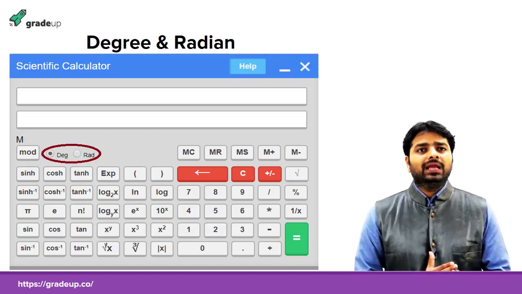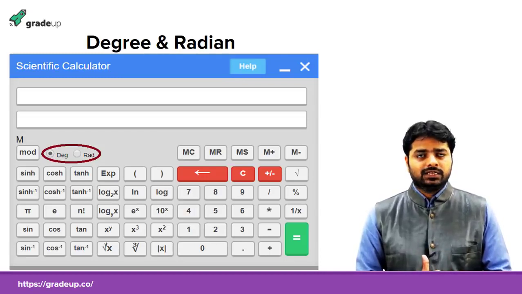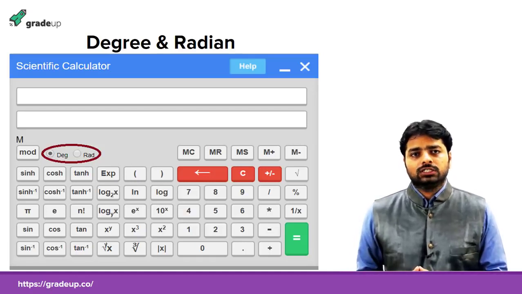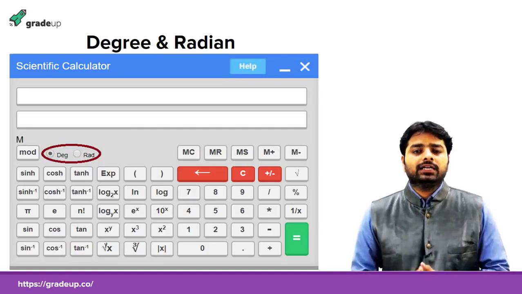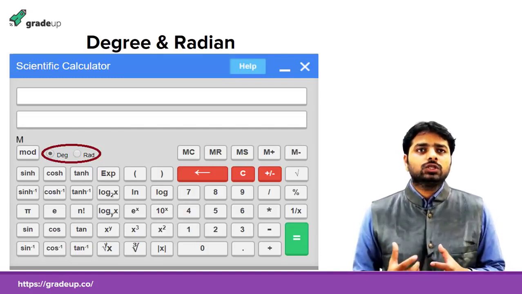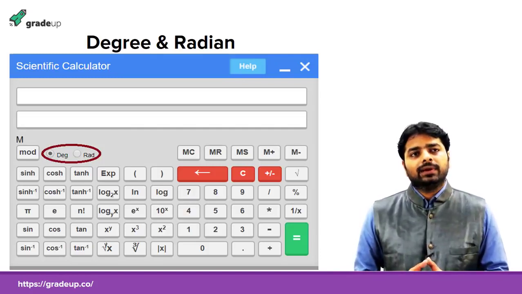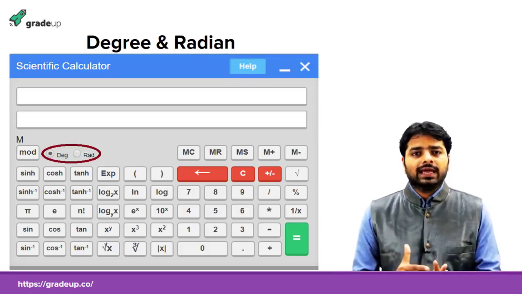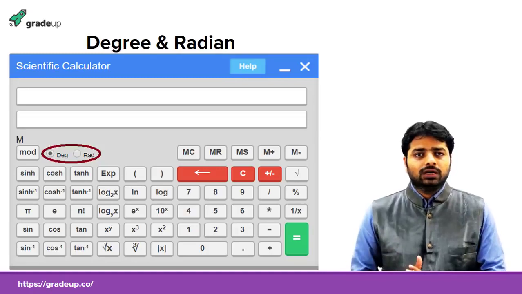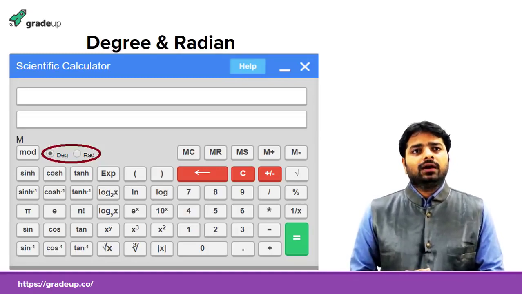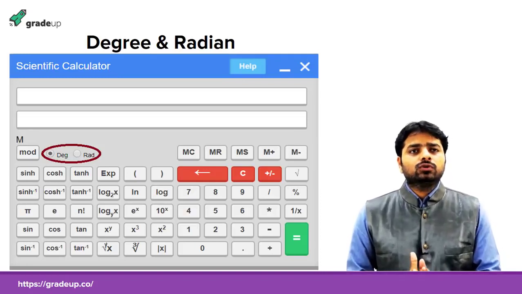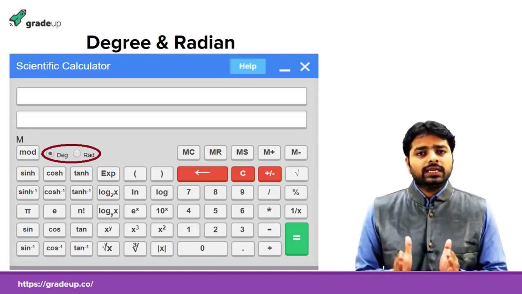Now we will see what modes we can use during these computations. We mainly have degree and radians here. Most of the time we use degree, but when you have angle related questions, you may require radians. So far, what I have calculated is using degree. When we calculate trigonometric functions, you may use tan 5, tan 5 by 2, or sin 5, and in that case you require radian mode.